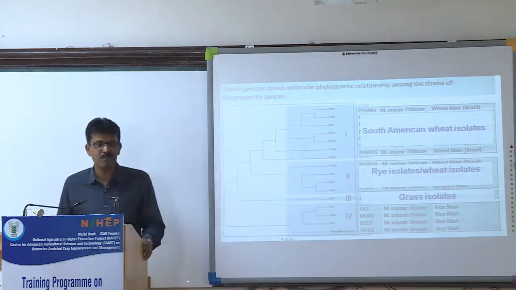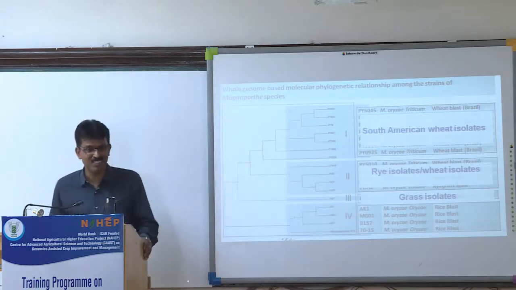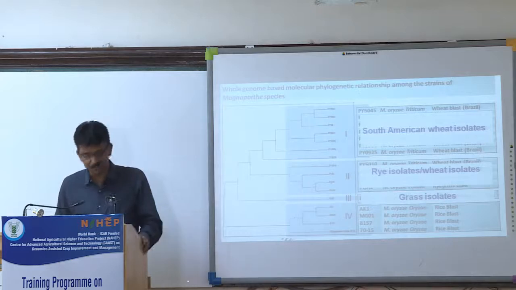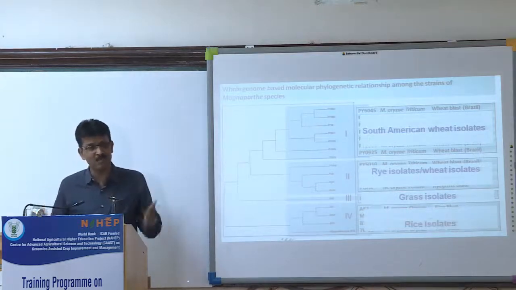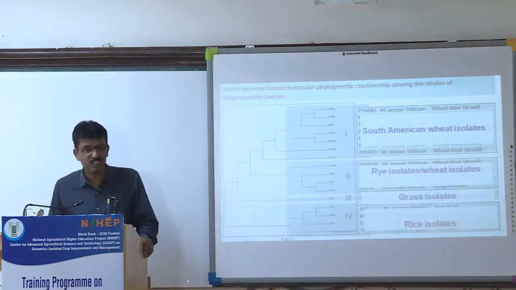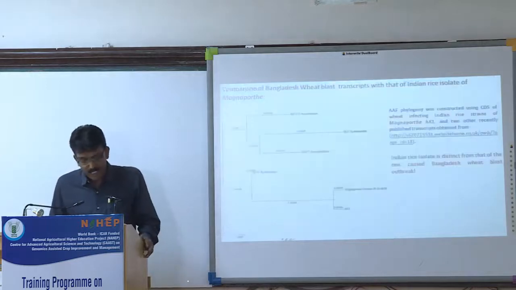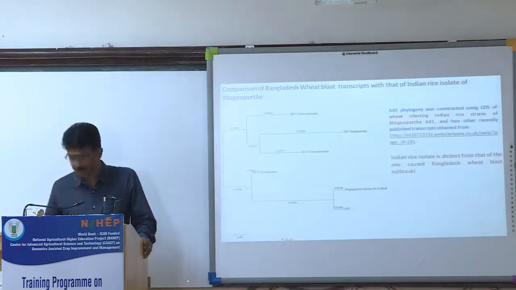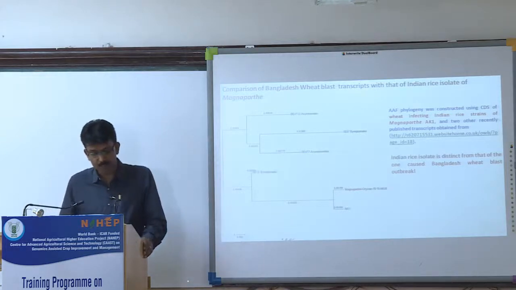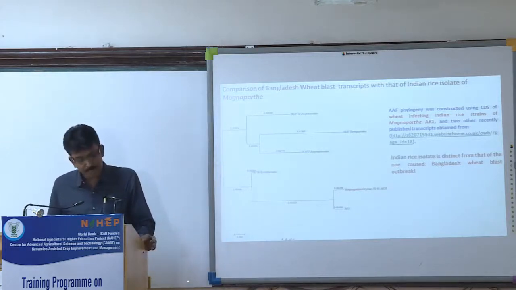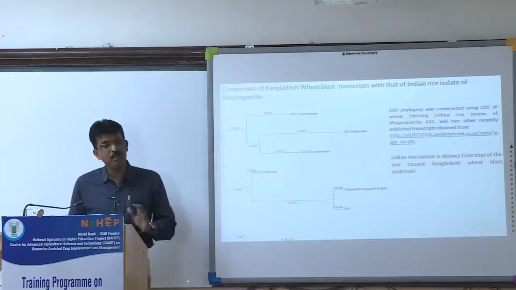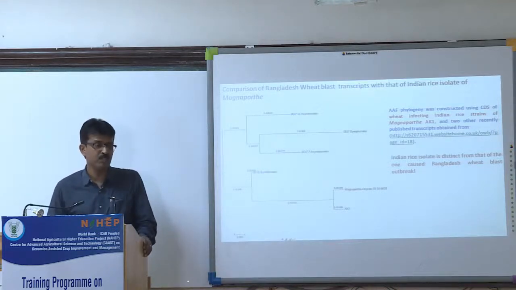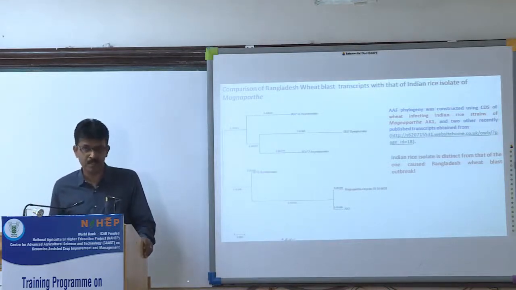So it indicates that the host is clearly coming out as a factor which we cannot ignore. The second one is the comparison between our isolate and the one which created a blast epidemic in Bangladesh.